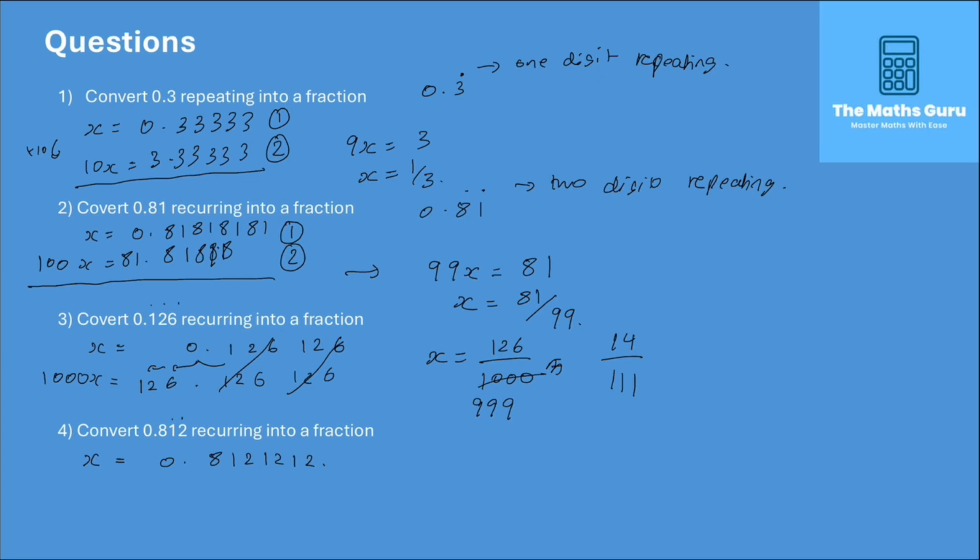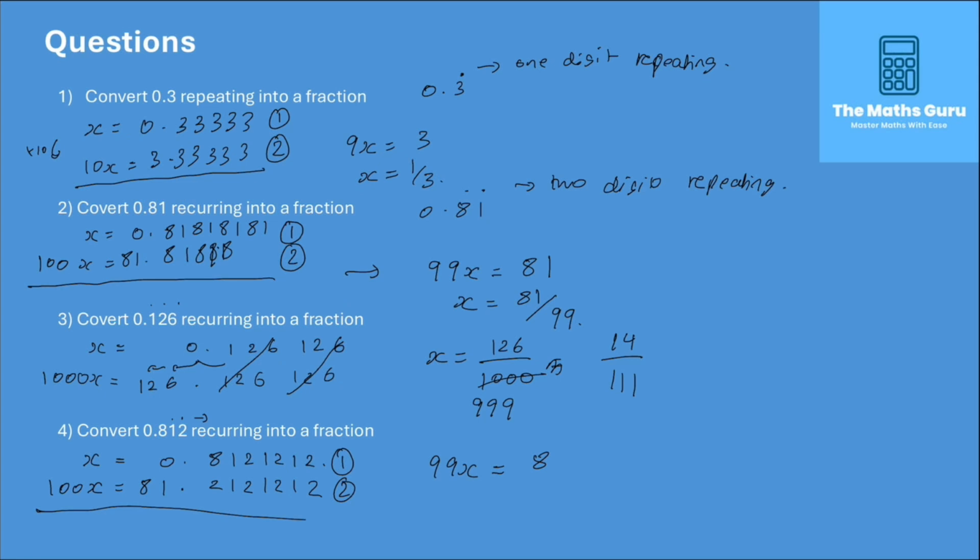Then we notice that 2 numbers are recurring, so we're going to times by 100. So we have 100x is equal to 81.2121212.